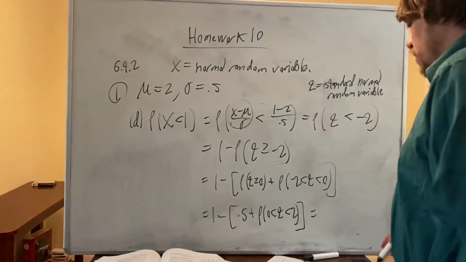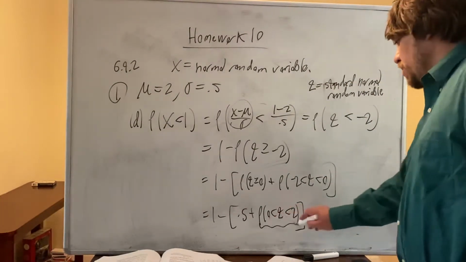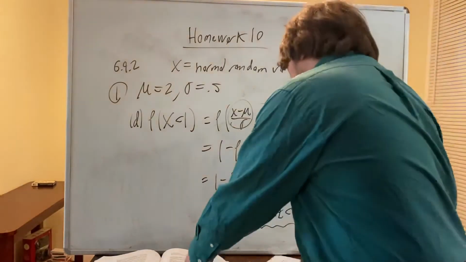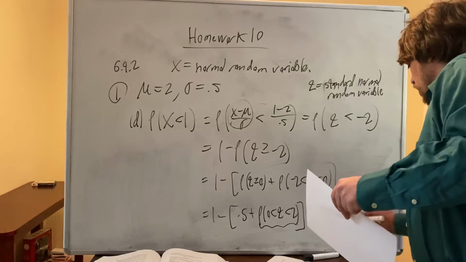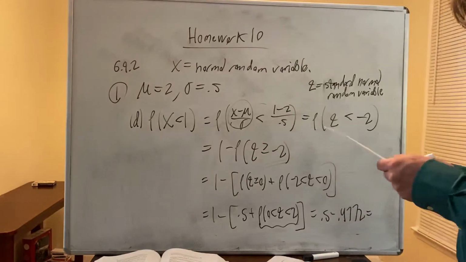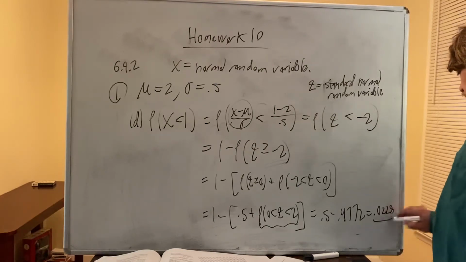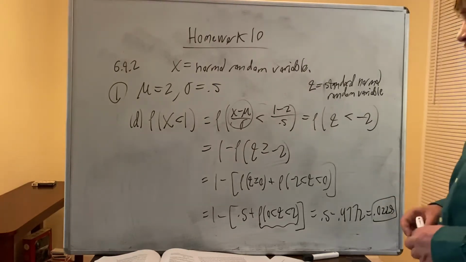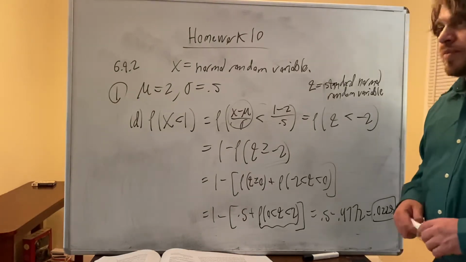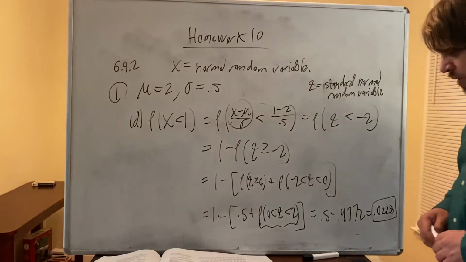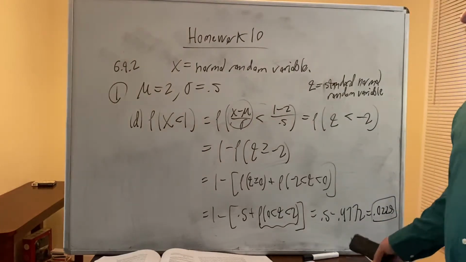So this is equal to 1 minus 0.5, which is 0.5, minus this probability, which by the table is 0.4772. And so 0.5 minus 0.4772 is 0.0228. That's the answer to the probability X less than 1. So that's part D. And then part E.